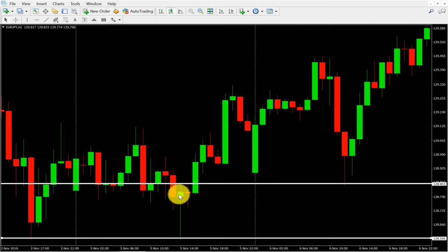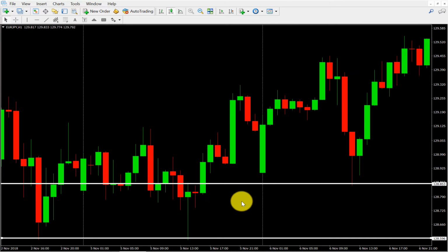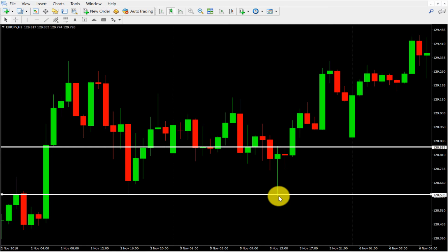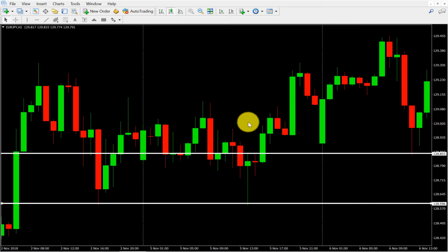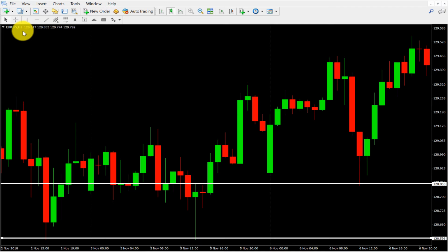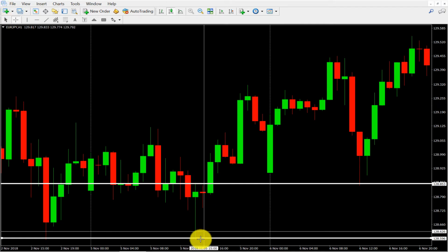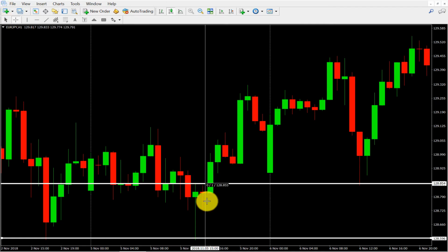This is the candle. What we are going to do is place a buy trade at the break of this candle and a sell trade at the break of this candle. If we place a buy trade, we place a stop loss here. From here to here is a 26 pip risk.